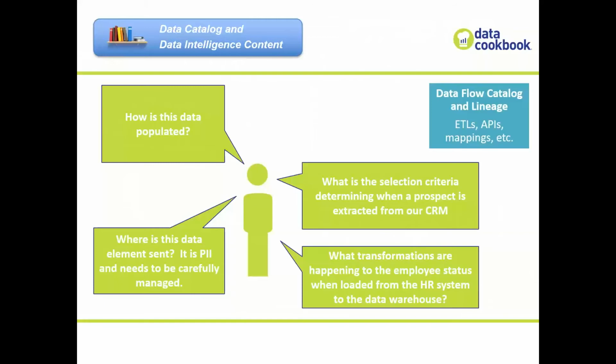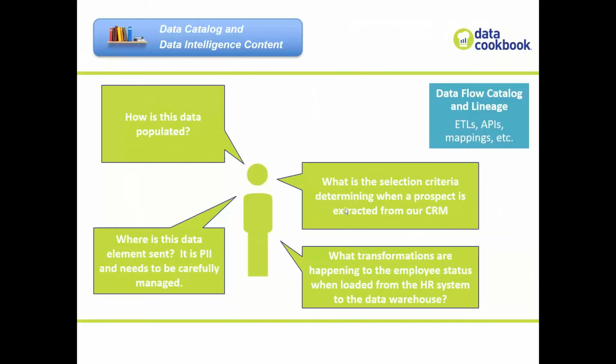Like you can say, this looks a little bit weird over here, and I don't know why. Are we doing any kind of transformations or translations or other kind of calculations as we move the data from one system to another? So the process of moving data from one thing to another can be considered like an ETL process or an API or something.